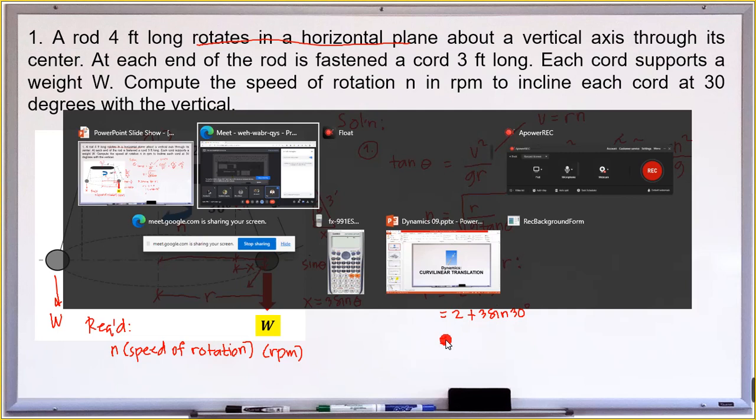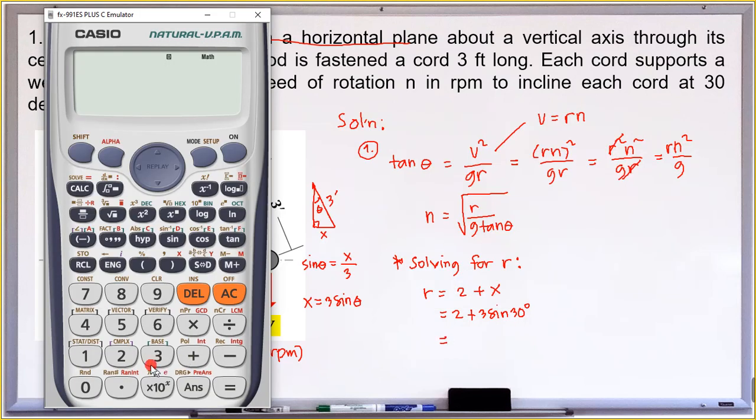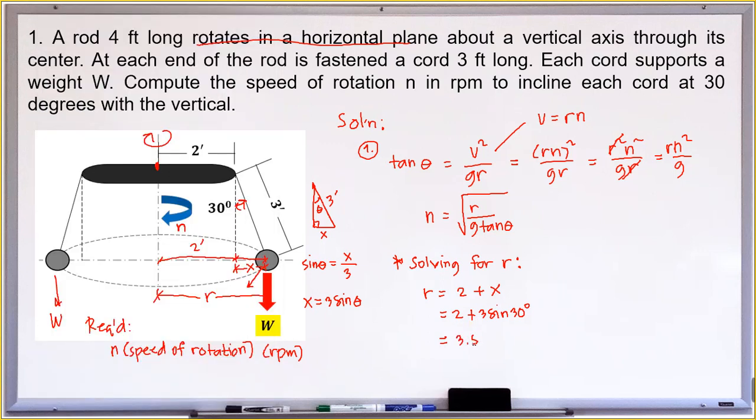So we can use our calculator. 2 plus 3 sine of 30. The result is 3.5 feet. With this, we can solve for n.